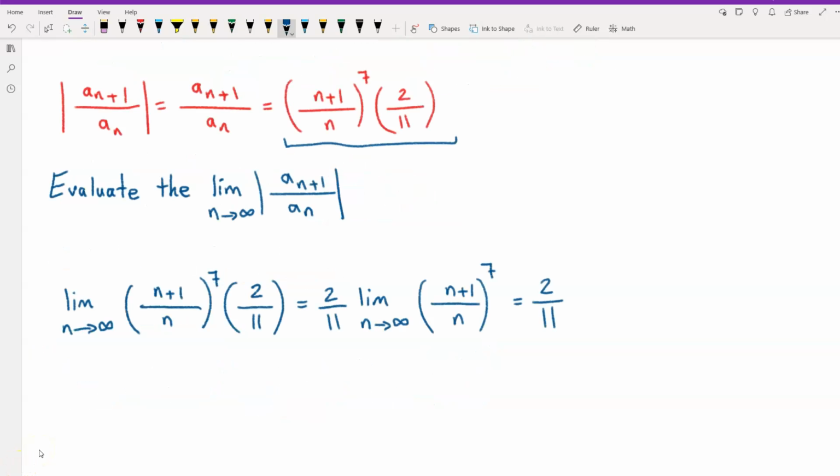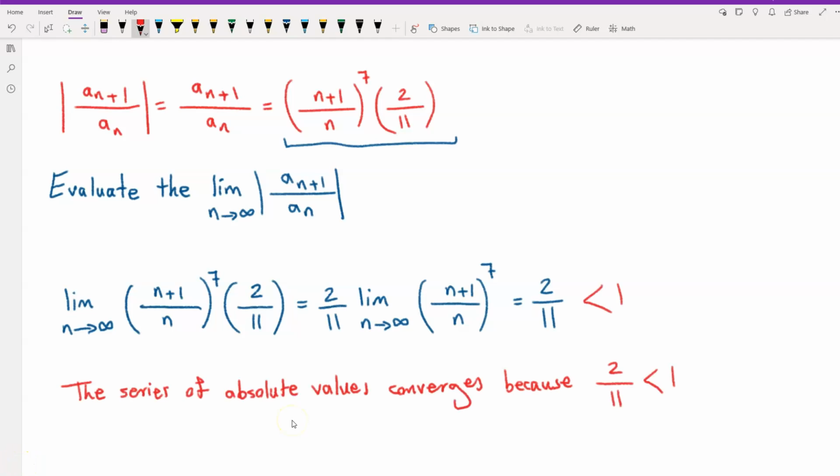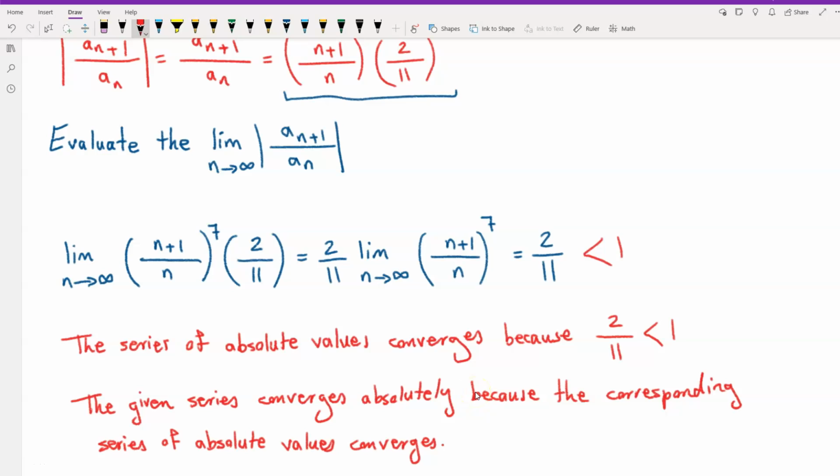And this is equal to 2/11. The series of absolute values converges because 2/11 is less than 1. What that means is the given series converges absolutely because the corresponding series of absolute values converges.